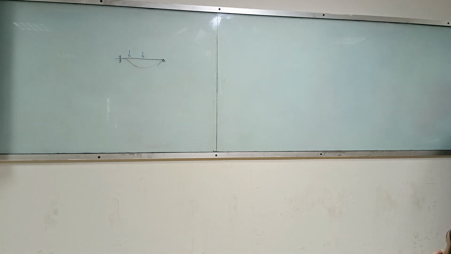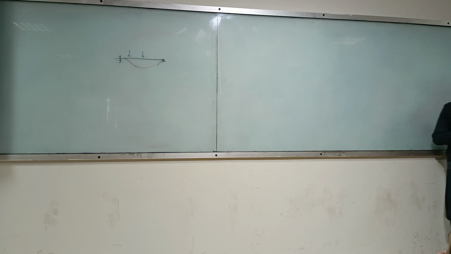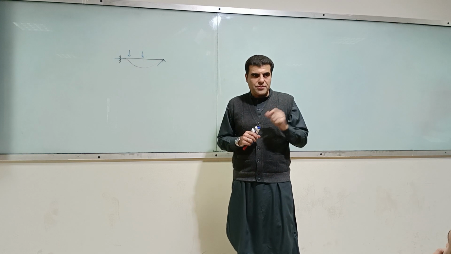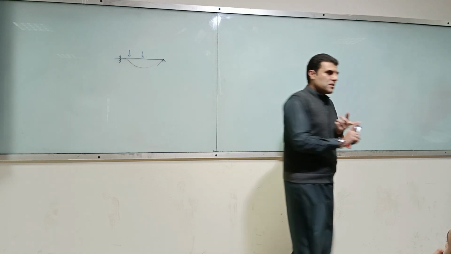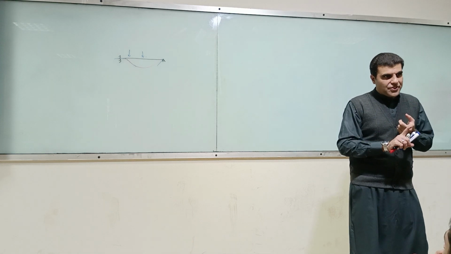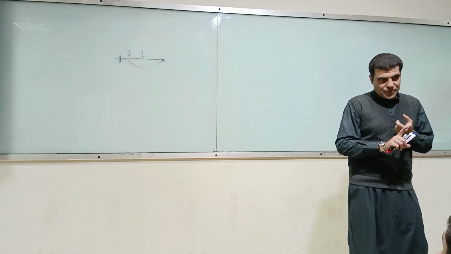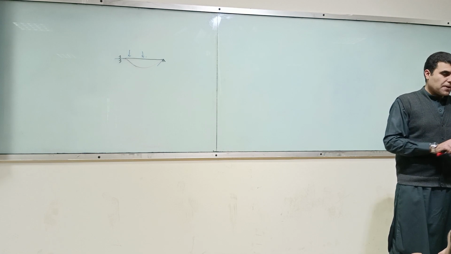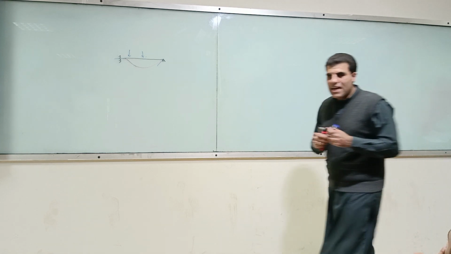Now, one thing in stability which I wanted to discuss. In the case of stability of a structure, we can have two scenarios. One is partial restraint, or you have improper restraint. So what do we mean by partial restraint?